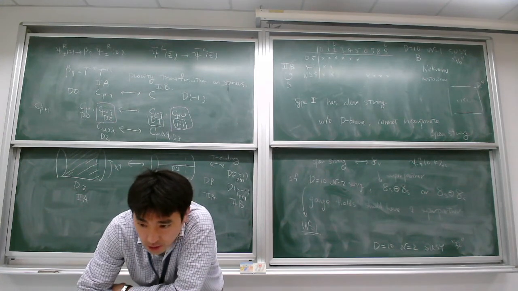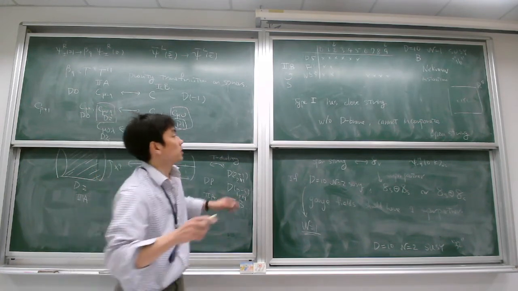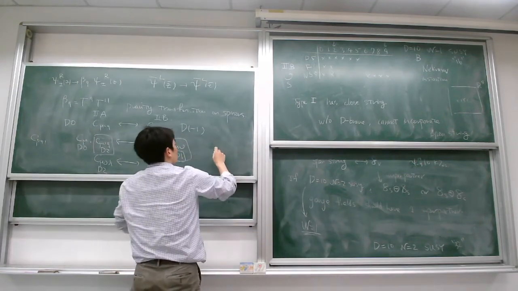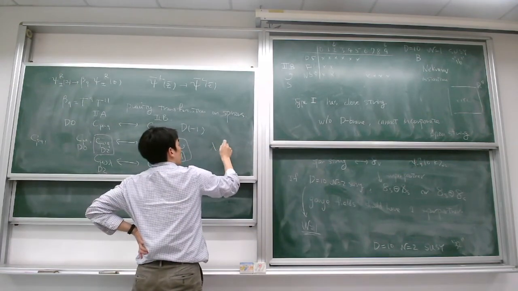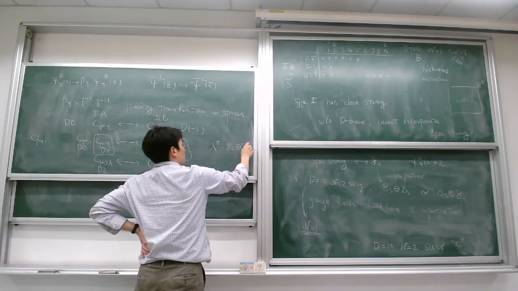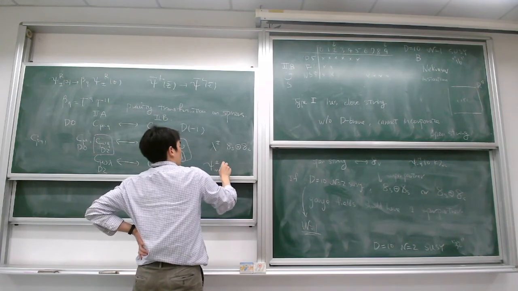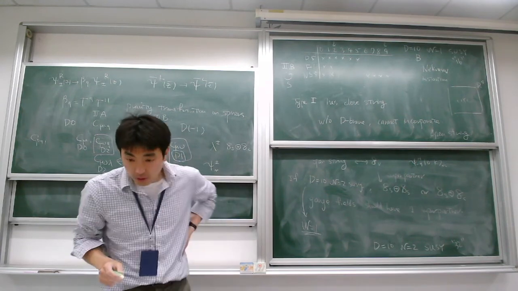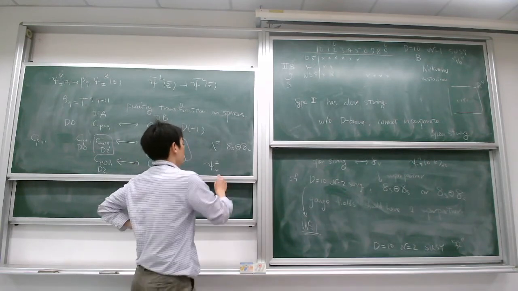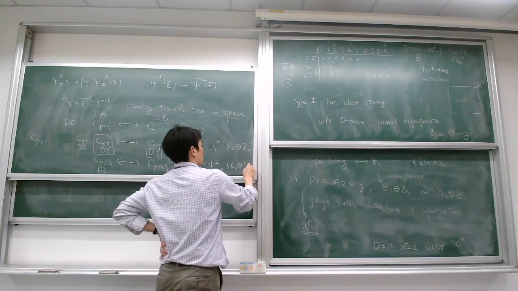For instance, in type 2 string, the dilaton phi has two superpartners, which correspond to 8S plus 8C, and the graviton has two superpartners, 56S plus 56C.